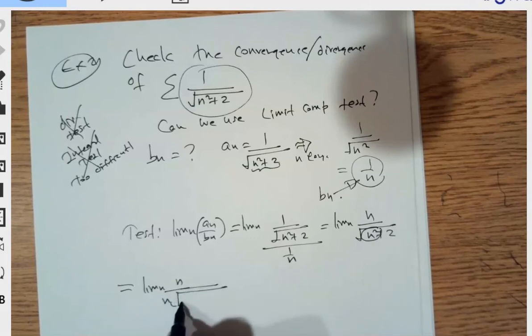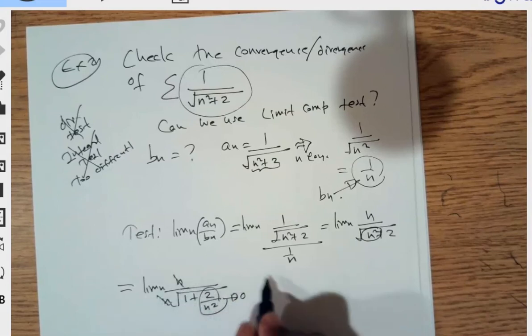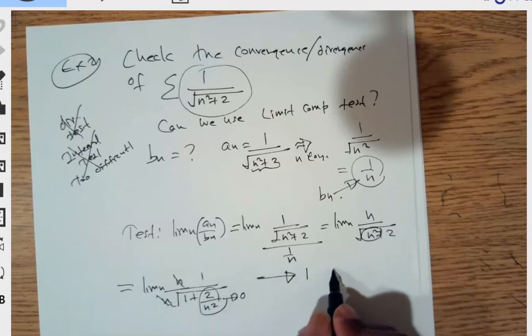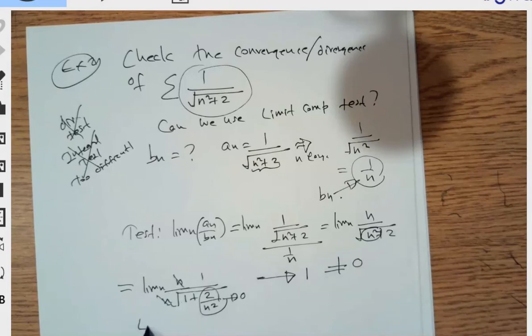Inside the square root, because I'm dividing by n squared, I have 2 over n squared. So this goes to 0, and the n will cancel off. So you have 1 over 1, and the limit is 1, which is not equal to 0. This is great news, so the limit comparison test can be used.